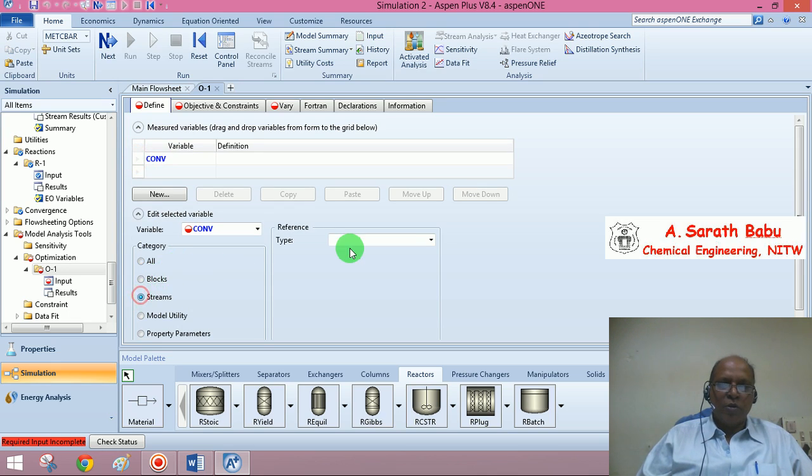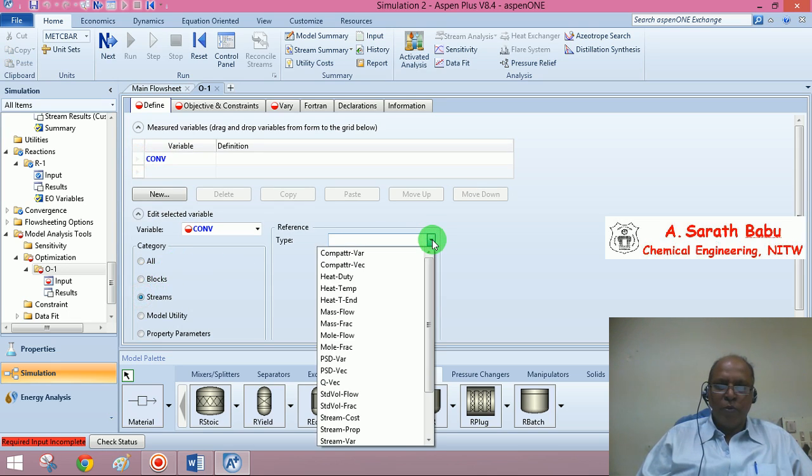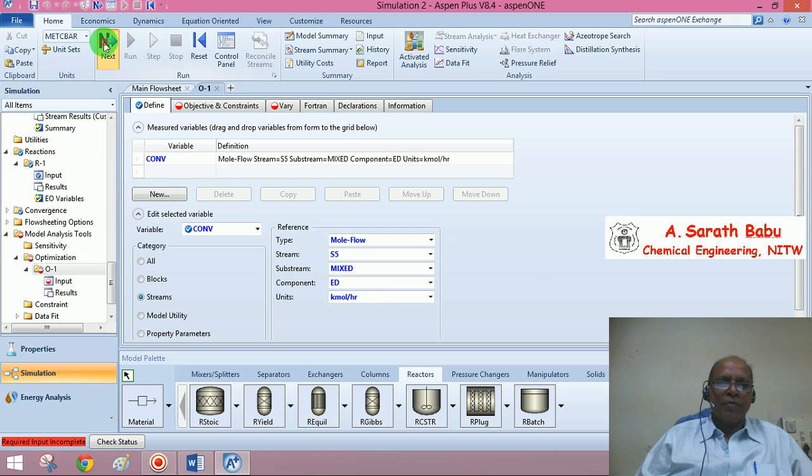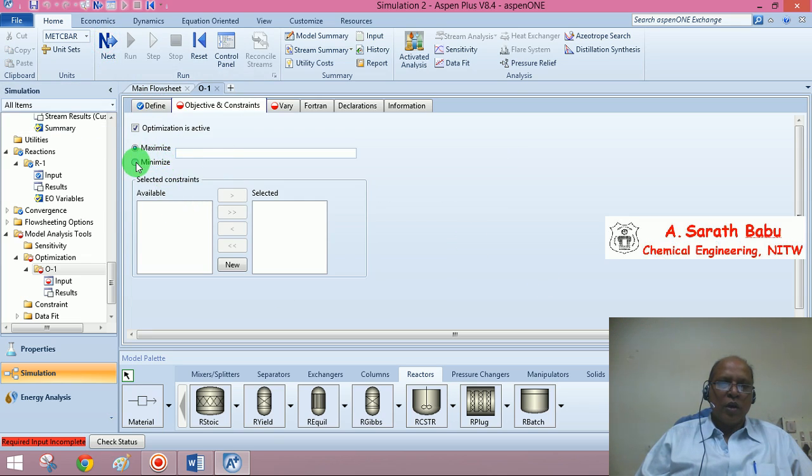Now it's a stream variable. Again, we wanted to maximize the conversion. What does that mean? We wanted to minimize the flow of ethylene diacetate at the exit of all the 4 reactors. Right? Say next. So I wanted to minimize conversion.